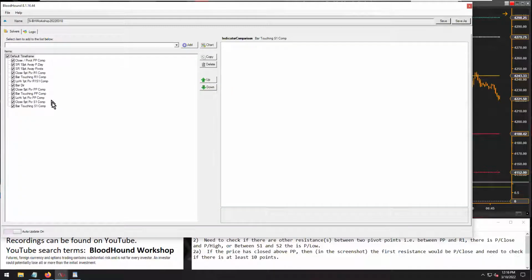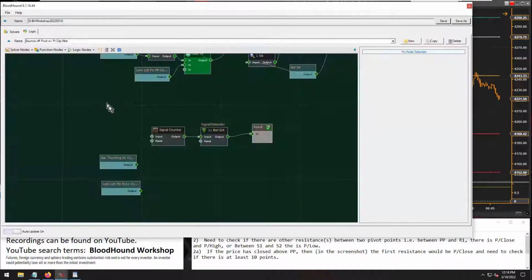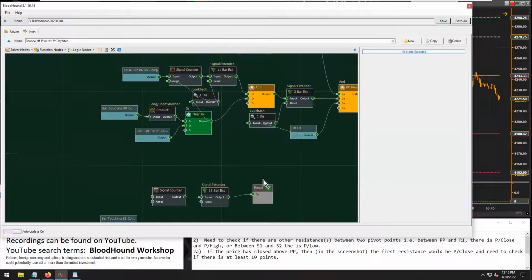Go back to my solvers list. And let's see. Well, before I delete it, let me just double check first. So let's go back to our logic board here.